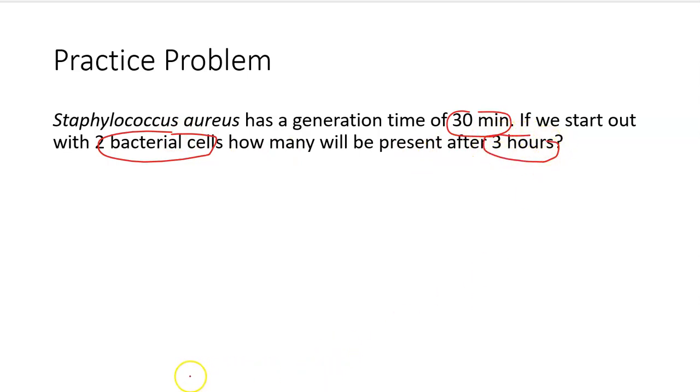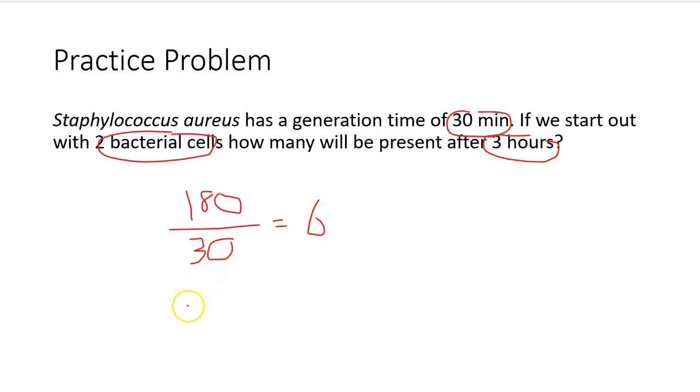So the first thing that we have to do is take our total time. So if we convert 3 hours to minutes, that's 180, I have to excuse my writing, 180 minutes. And we're going to divide that by the generation time, which is 30. And that is going to give us how many cycles it can actually go through, which 180 divided by 30 is going to be 6.